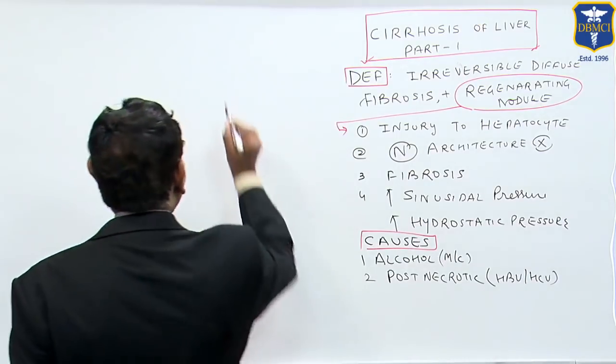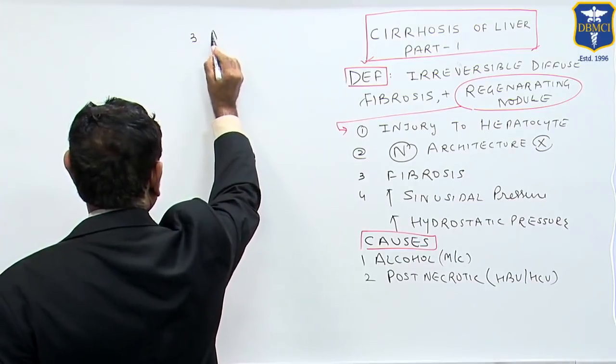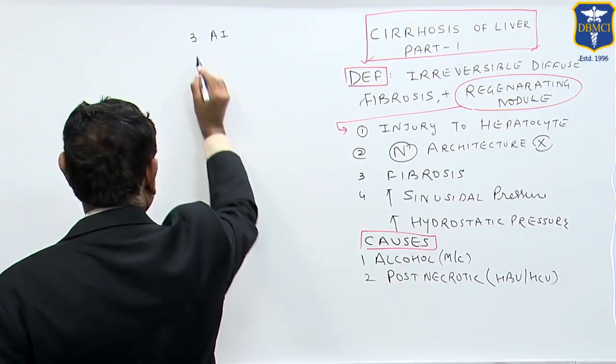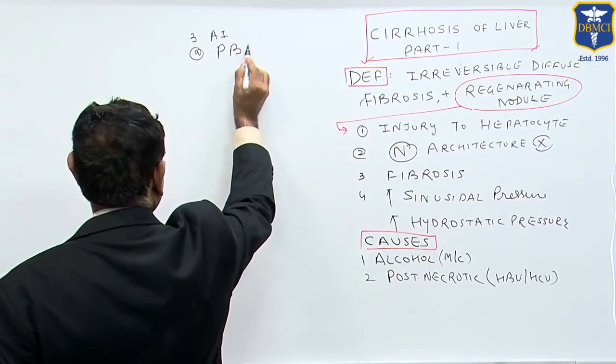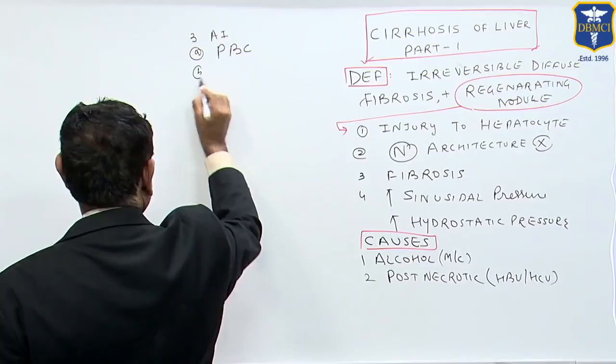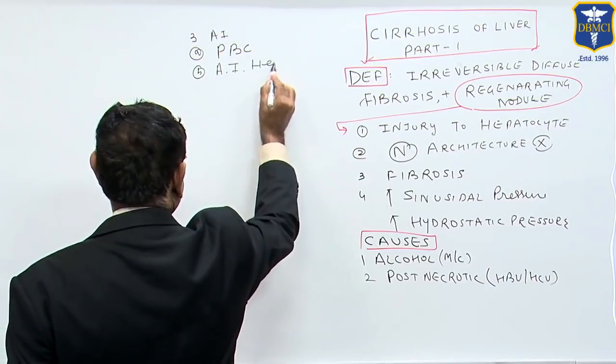Then it can occur due to autoimmune diseases like primary biliary cirrhosis, autoimmune hepatitis.